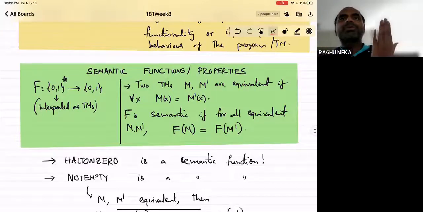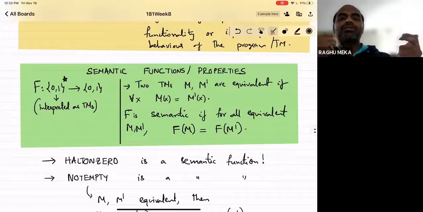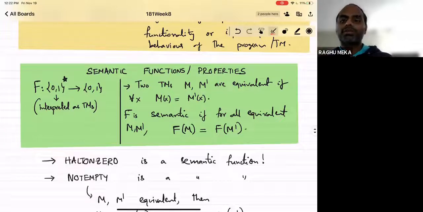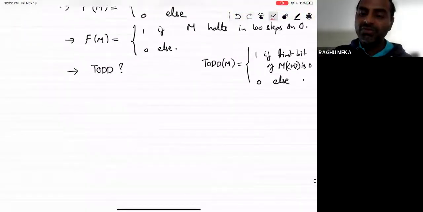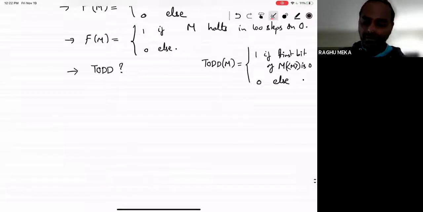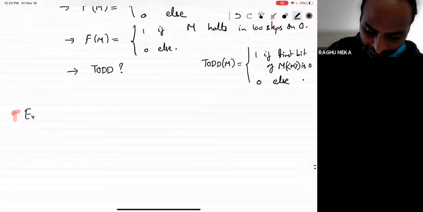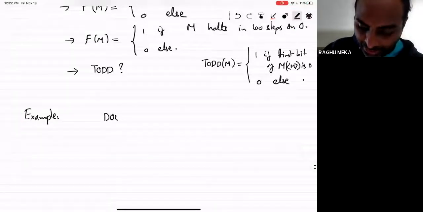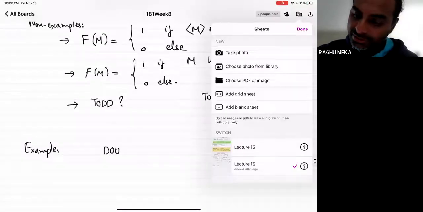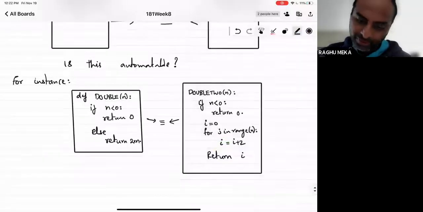If I have two programs which have the exact same input-output behavior, I could have different lines of code which have the same input-output behavior, so then we need them to give the same answer. For example, recall we had these programs, these examples.